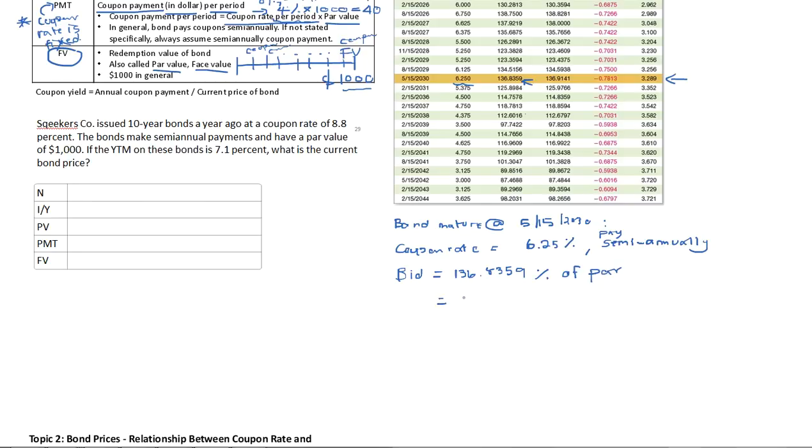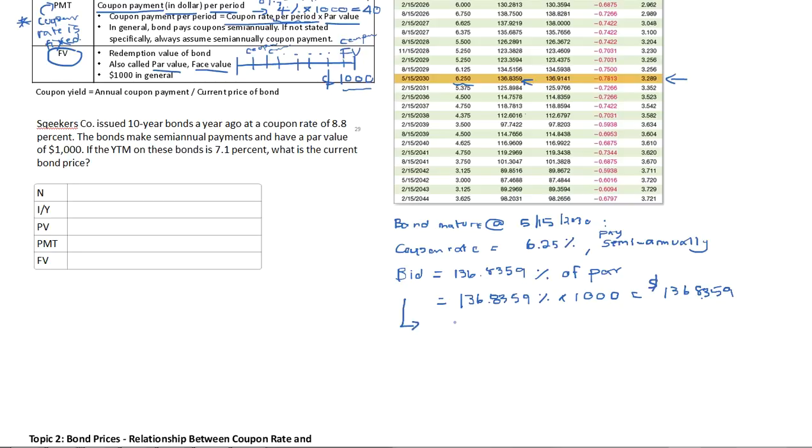Therefore this bid price is equal to the percent times 1000, which gives you the dollar amount for the bid price. And what is the bid price?